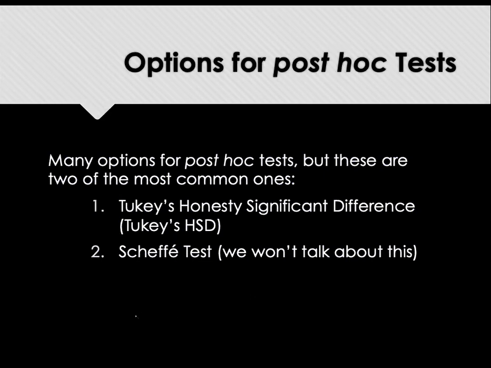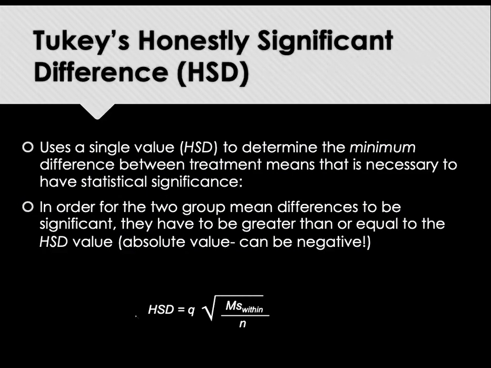Tukey's honestly significant difference, mainly known as the Tukey's test, or Tukey's HSD, and the Scheffé test. We're not going to talk about that one. I think Tukey is used more frequently. Your book does talk about both, so you can look in your textbook to learn a little bit more about the Scheffé test.